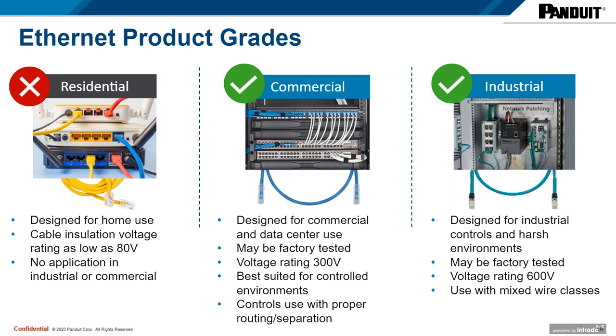When you look at a commercial grade cable, commercial grade cabling is made for routing in commercial spaces. It's made to be routed in pathways, so there's going to be some accommodation for routing with power, right? It's typically going to have a higher insulation voltage rating on it of about 300 volts. It's going to be made more durable, a higher level of connector, higher level of cable jacketing used for a longer life and longer quality, and it's likely to be factory tested.